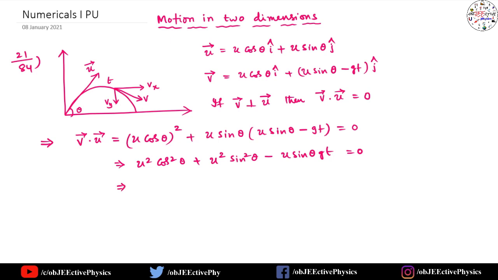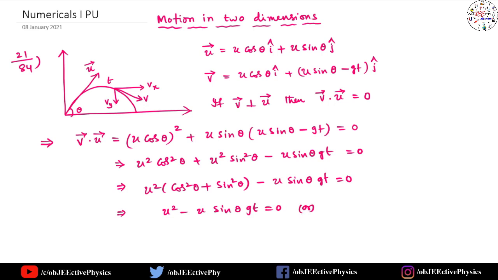So that implies u square into (cos square theta plus sin square theta) minus u sin theta into gt is equal to 0. We know that cos square theta plus sin square theta is equal to 1. Therefore, u square minus u sin theta into gt is equal to 0, or u square is equal to u sin theta into gt.